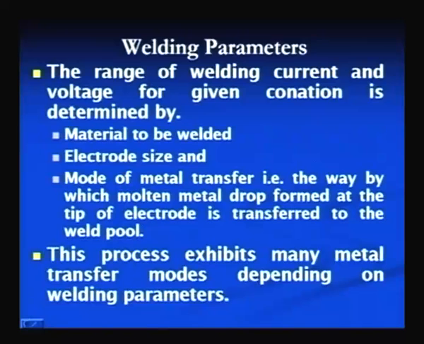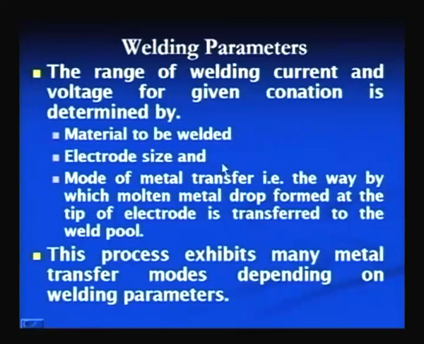The greater the thickness of the plate to be welded, the higher will be the requirement for welding current, and accordingly voltage is to be set in such a way that it can offer the desired stable welding arc. And the electrode size, as per the needs of the material to be welded, larger or smaller diameter electrodes are selected, and the large diameter electrodes can withstand higher current without any difficulty.